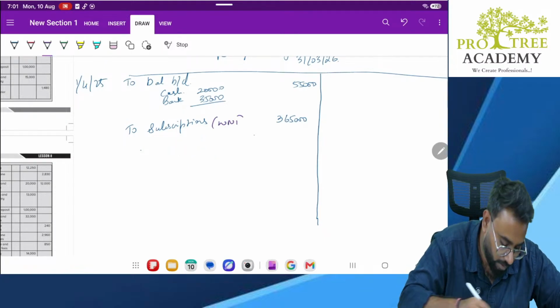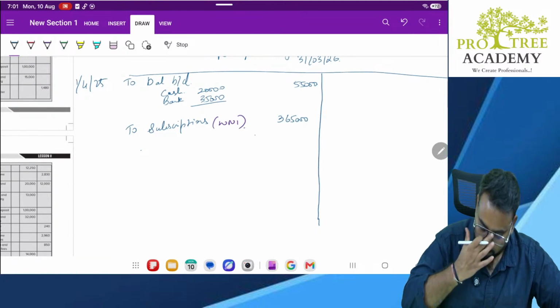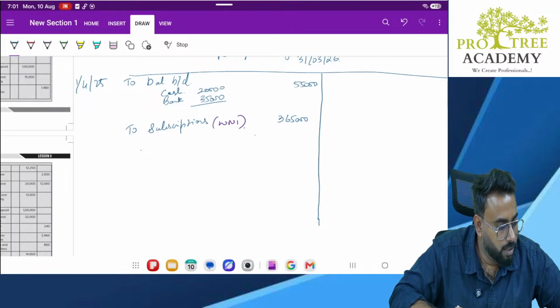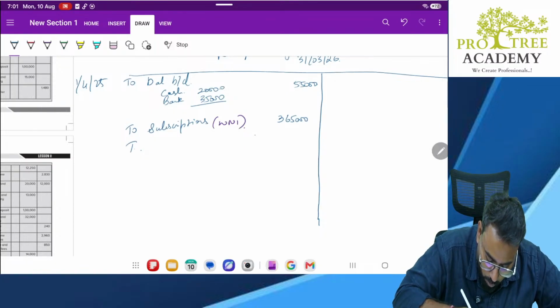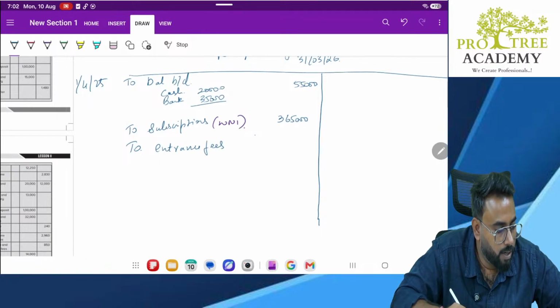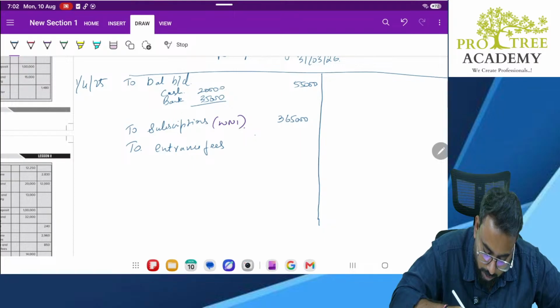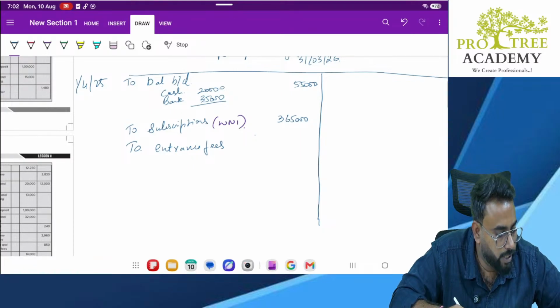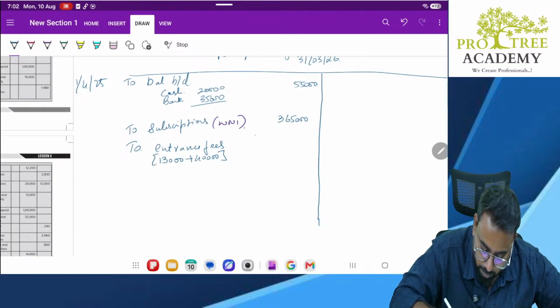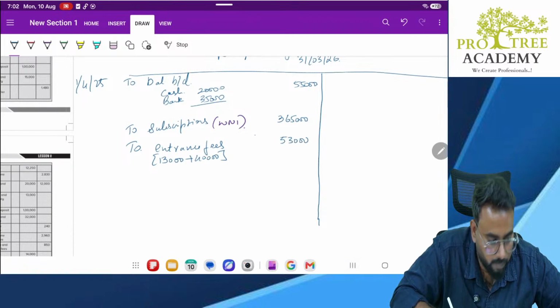Working note number 1. Okay. Next, what are the next items? After subscription, entrance fee will be next. Yes sir. To entrance fees. First is 13,000, then 40,000. Correct. So only two items. We'll add it here only. 13,000 plus 40,000 will be 53,000.